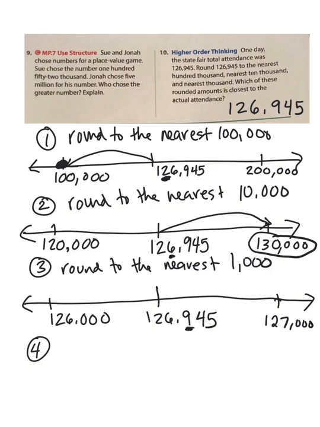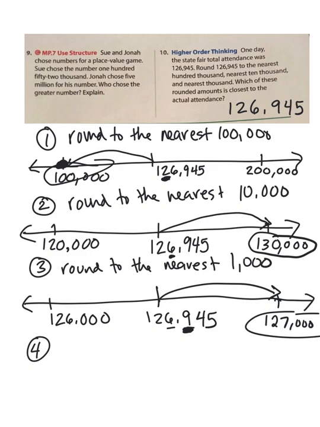So now I need to look, this is the digit that's going to help me round now. Since I'm rounding to my thousands place, my hundreds digit is the one that I look at, and that is definitely greater than 5, so I do need to round up to 127,000. Okay, so in one example, I rounded down, but then in my other two, I rounded up.